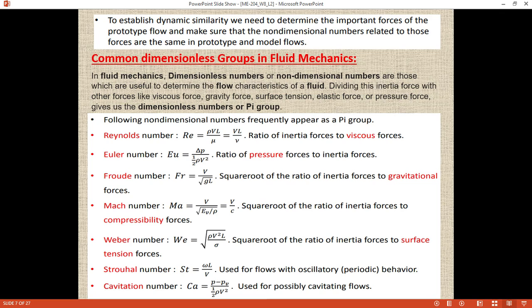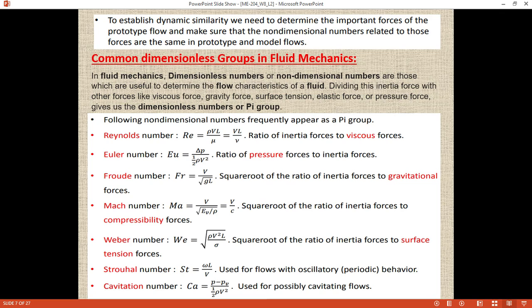To establish a dynamic similarity, we normally take help from some standard non-dimensional numbers, because whenever we solve real-life problems, the variables vary, but more or less they repeat. So in most cases the non-dimensional numbers repeat.